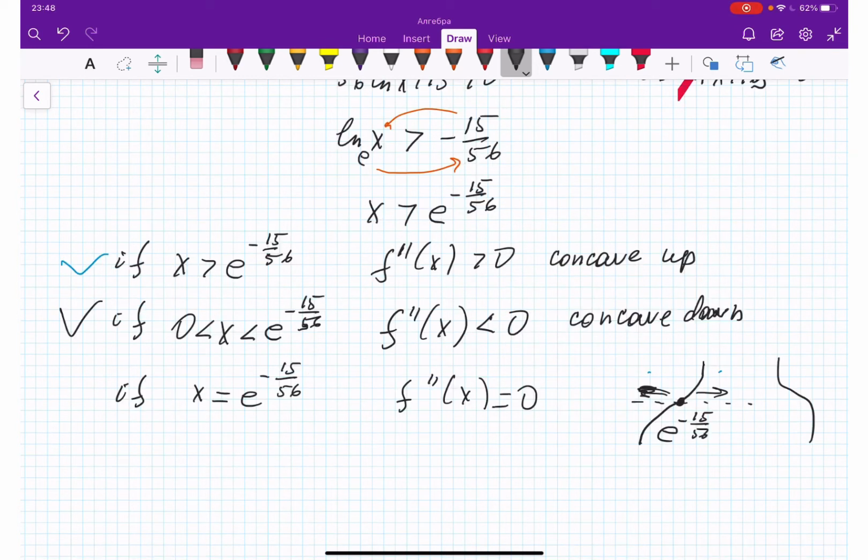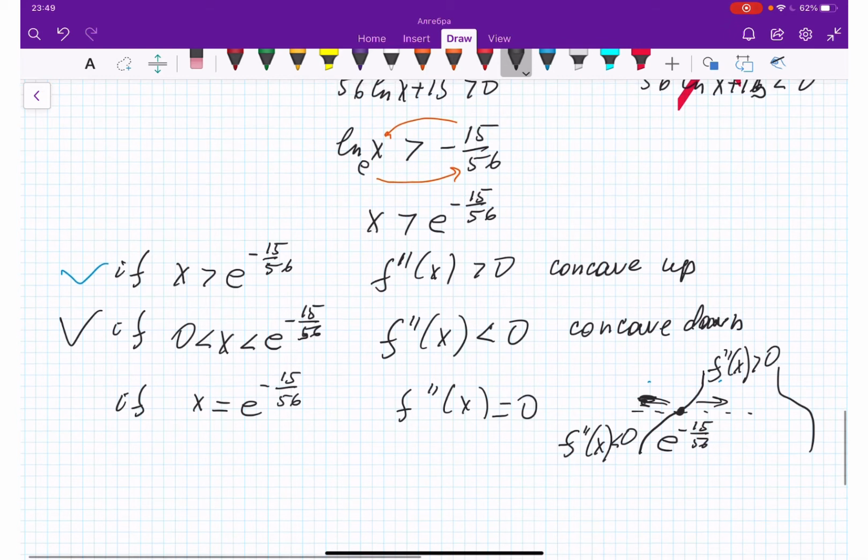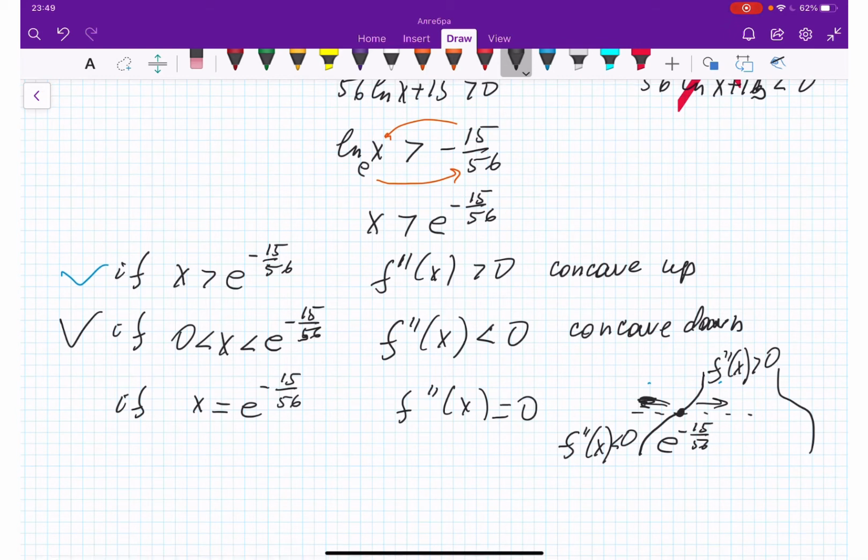We have the second derivative down, less than 0, and on the right side, we have the second derivative up. Let me write it down here. That's why. Okay, and that's it. We already know the intervals.